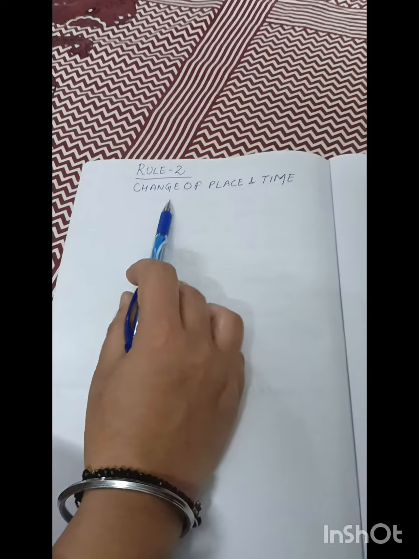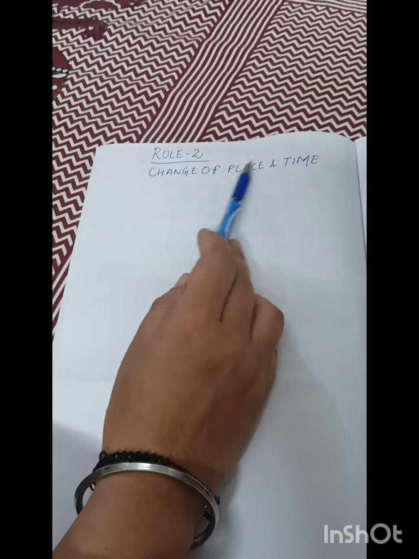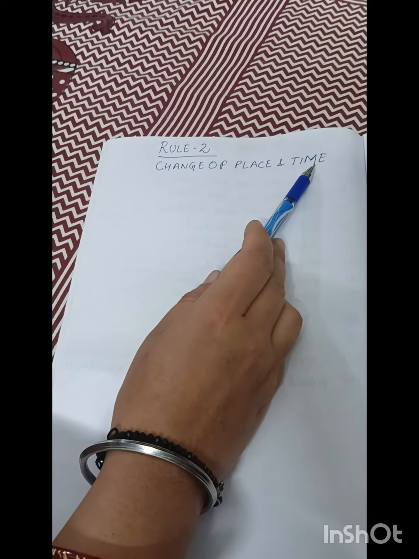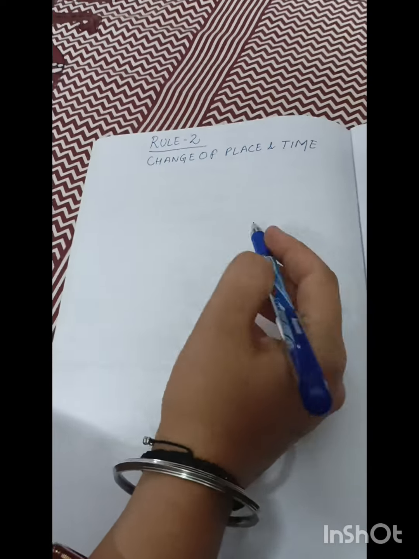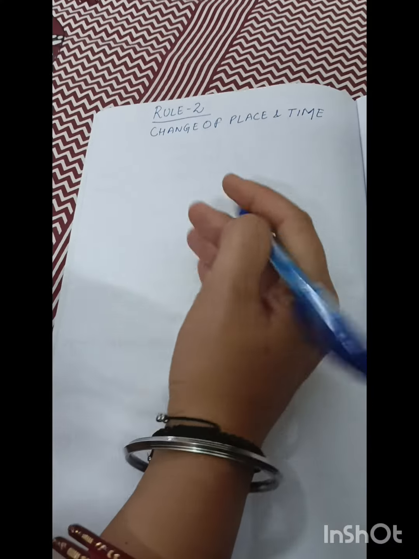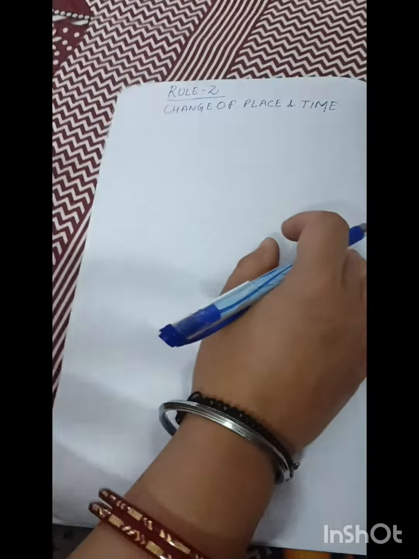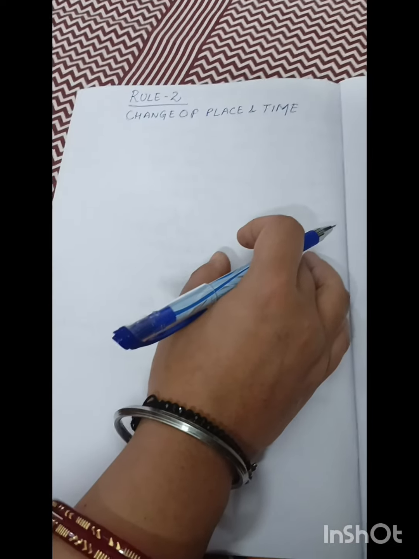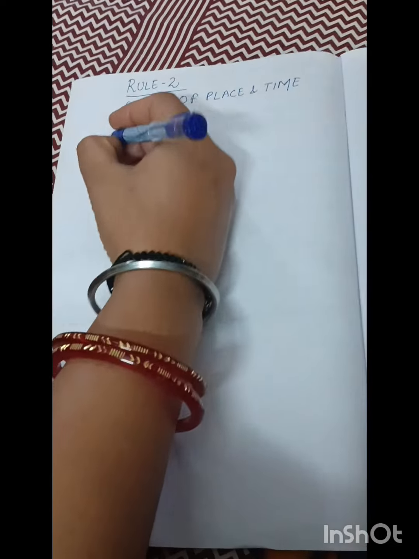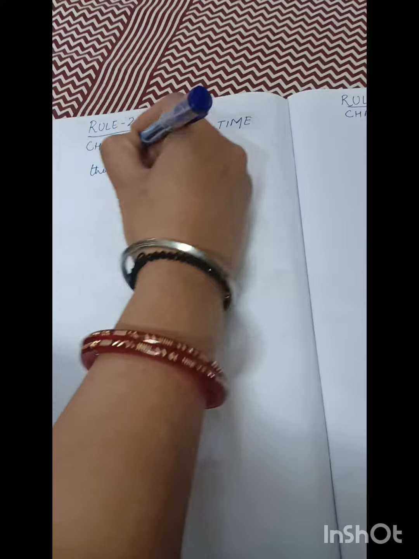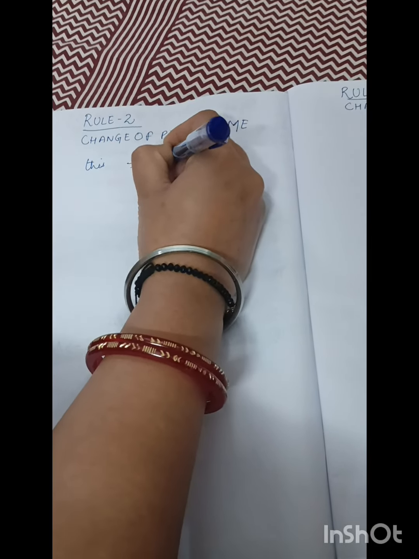Now, when we come to rule two, change of place and time, the expressions that I am going to write here denote the nearness of time and are replaced by the corresponding expressions that denote remoteness or distance. Let's see how. For example, this gets changed into that.